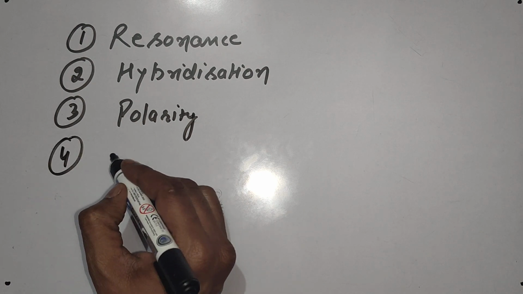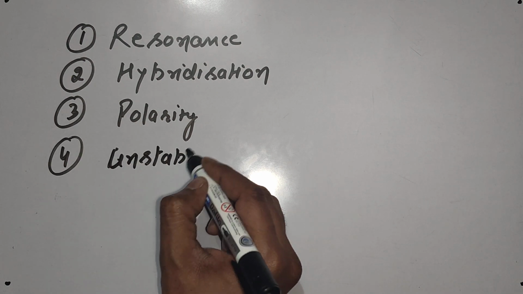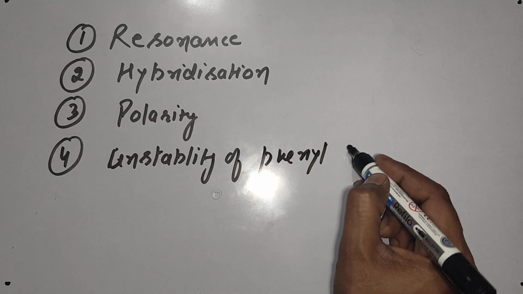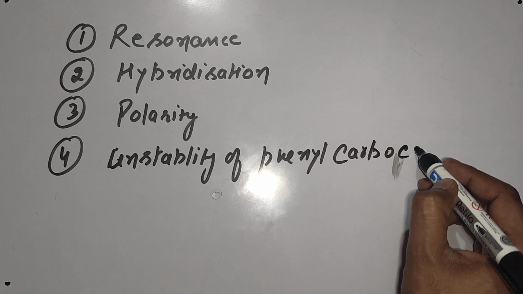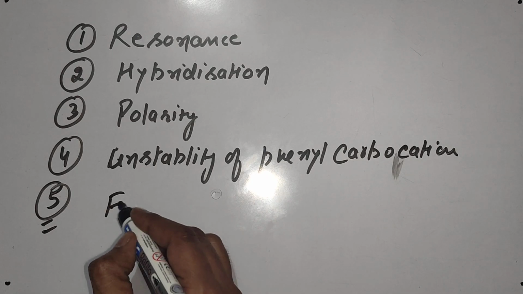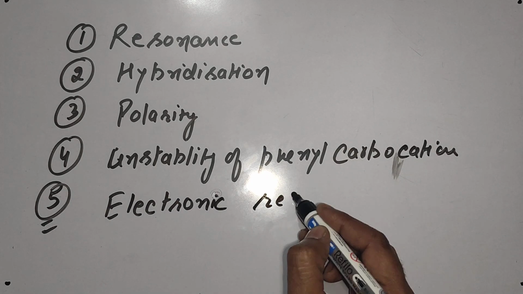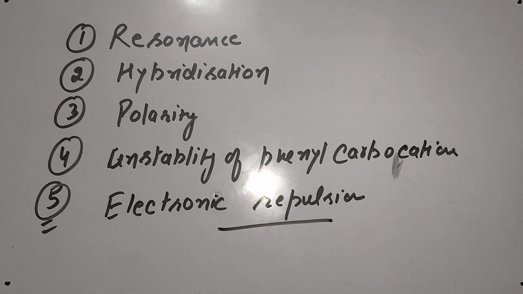Reason number 4, instability of phenyl carbocation. And reason number 5, electronic repulsion. Let's discuss these 5 reasons due to which haloarenes are less reactive toward nucleophilic substitution reaction.